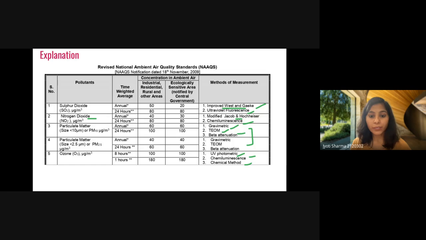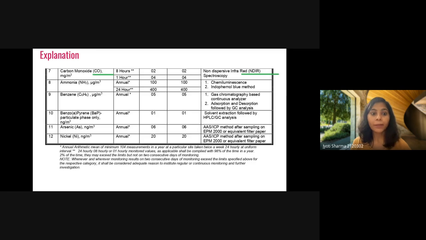Because we have 12 criteria pollutants, let me show you another one as well. If we want to measure carbon monoxide, then we have to rely on NDIR. For ammonia, it is chemiluminescence or the indophenol blue method.